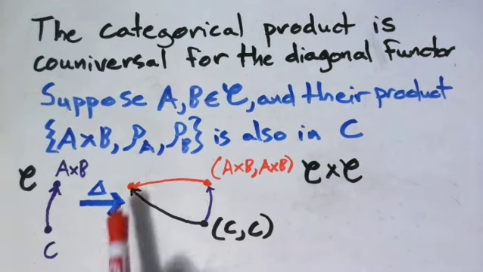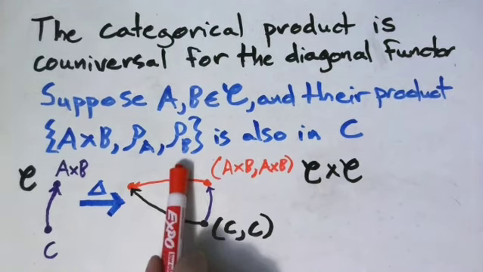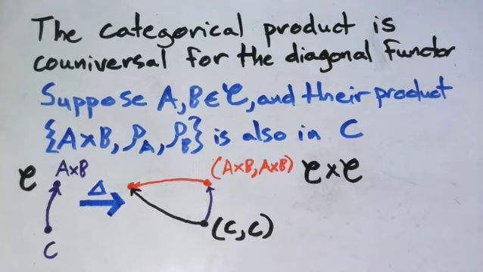We still have the projection morphisms from the categorical product of A and B here, which we know will obviously have to line up with the morphism part of the co-universal.